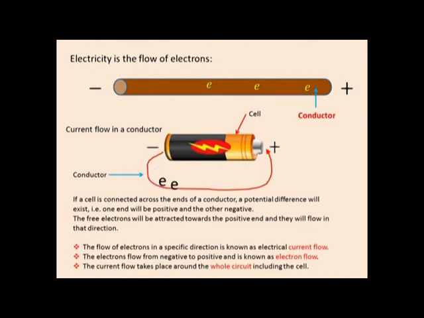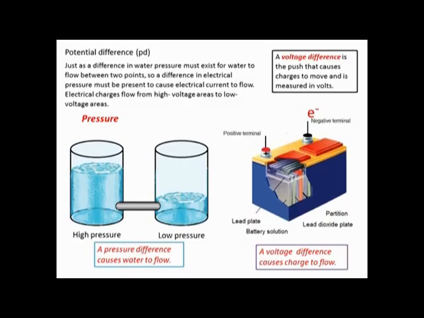Note the current flow in a conductor. Electrical pressure must be present to cause electrical current flow. Electrical charges flow from high voltage areas to the low voltage areas.